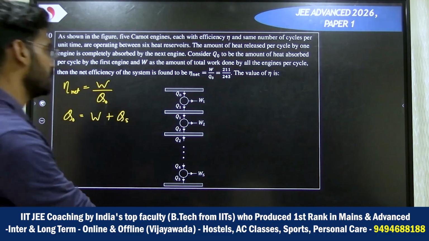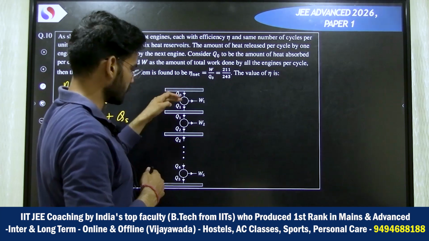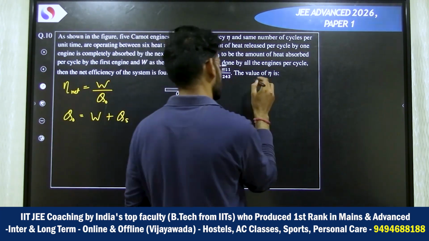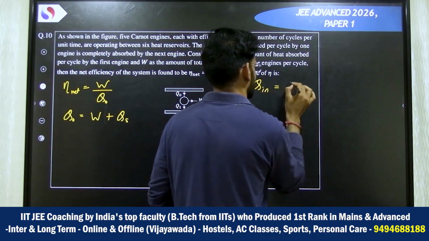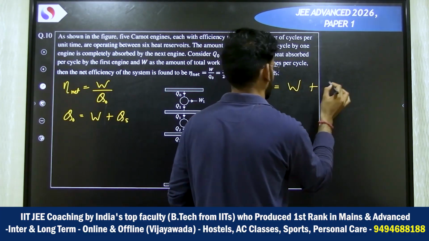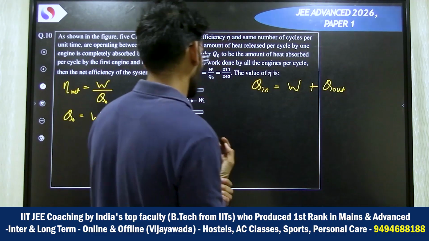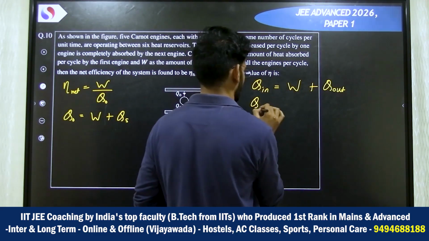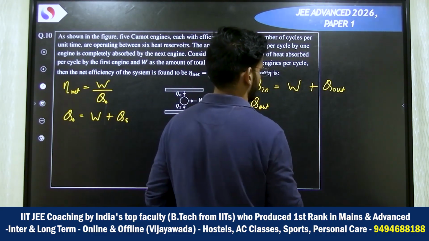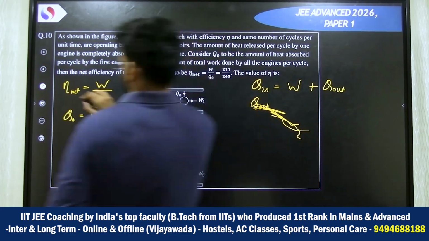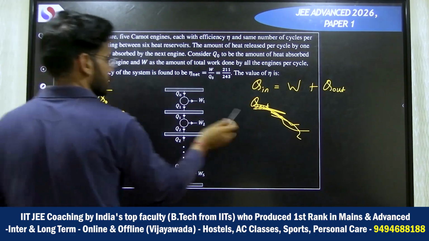If you write down here between any given input, Q in, and there is a Q out, and there is a W, right? If you see the relation, Q in is getting divided, there is a work done, and there is a Q out. Let's write it in terms of efficiency.